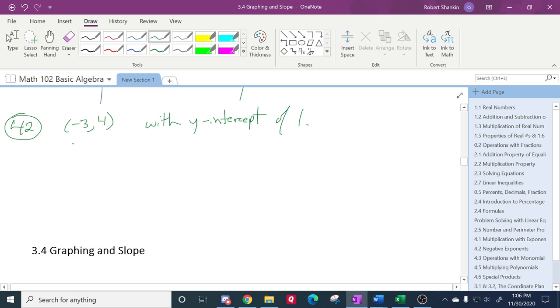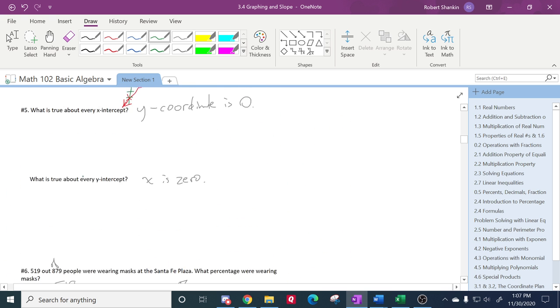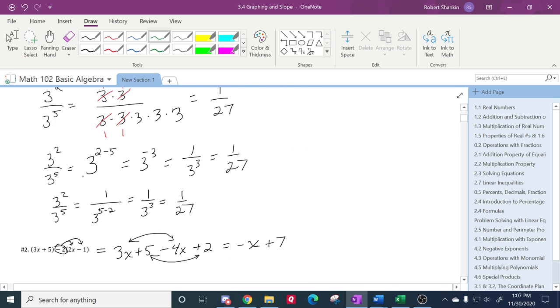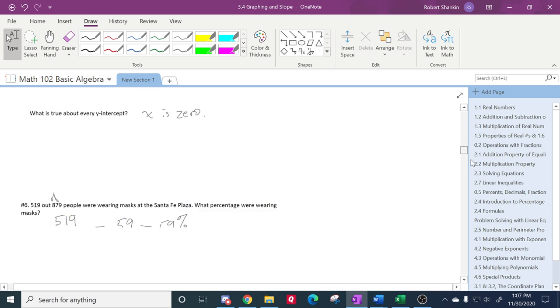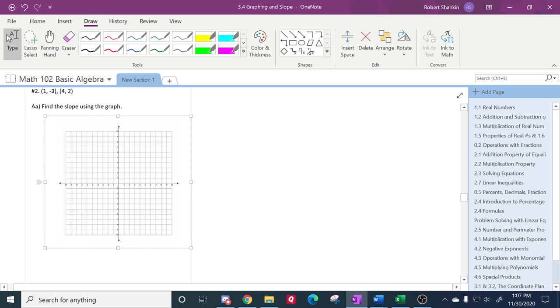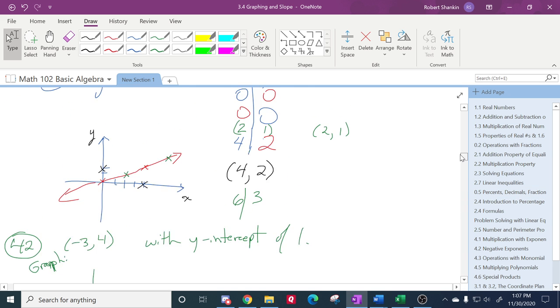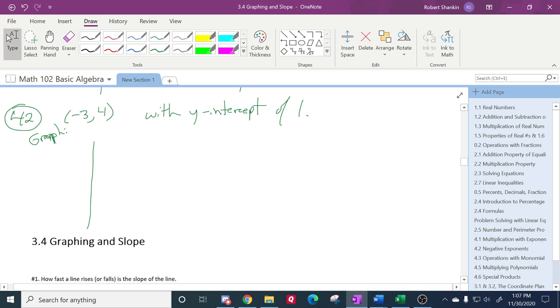So first of all, we have to graph it. Where's my graphs? There's some graphs. I'll copy this up so I get it a little more precise.